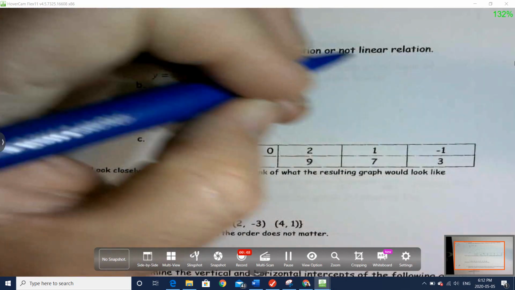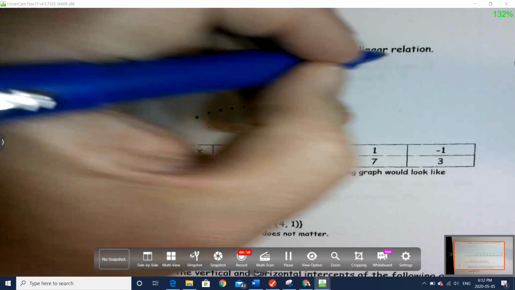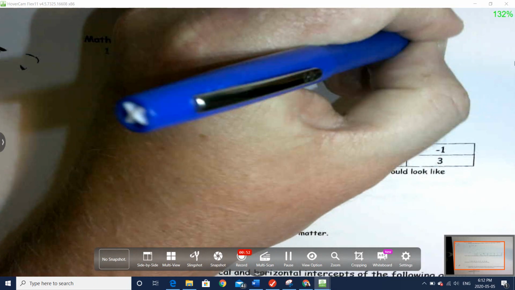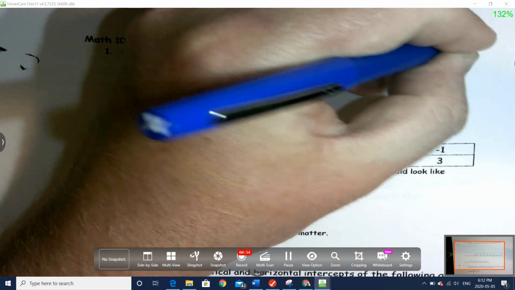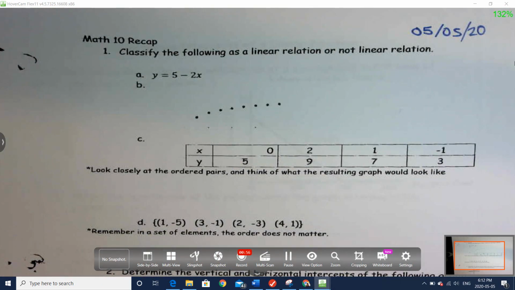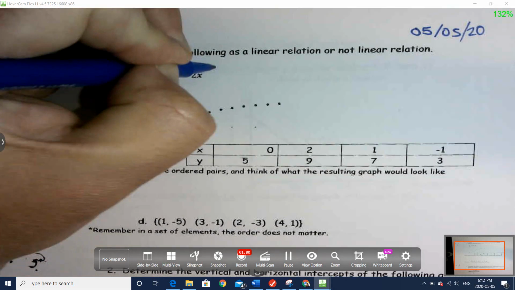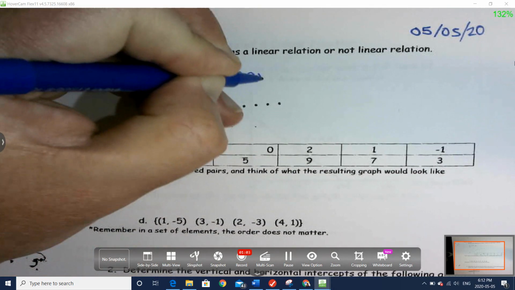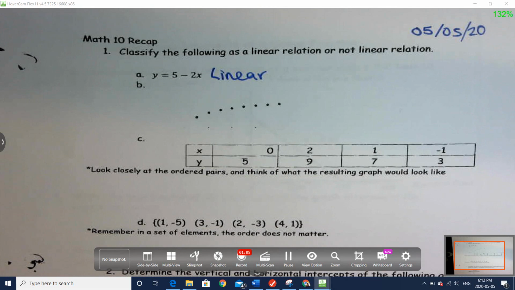All right, so this is the materials for 050520, and just pointing out classifying these as linear or not linear. This first example is linear. That is because its variable x has a power of 1. It would make a straight line.